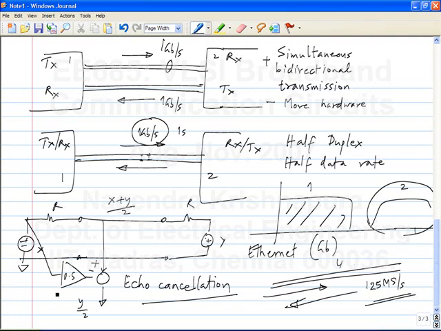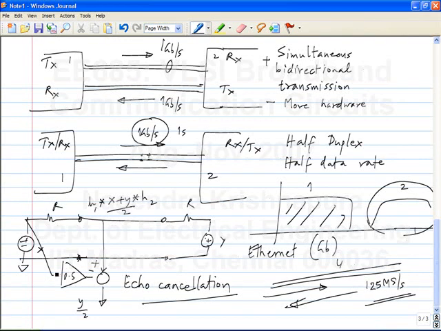For instance, in a telephone maybe you can get away with something like this. Basically the point is that this is not (x plus y) by 2. This is x convolved with some impulse response, and this is y convolved with some other impulse response. And depending on where you look on the line, whether you look at this side or this side, it will be different.